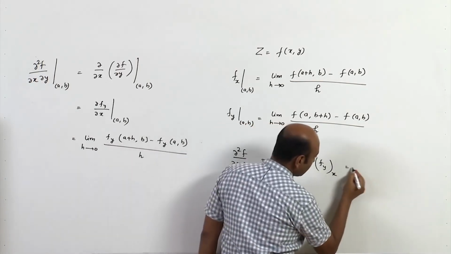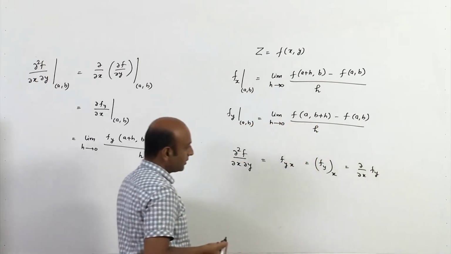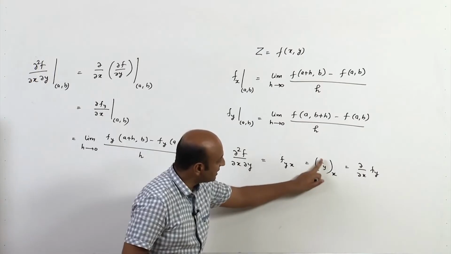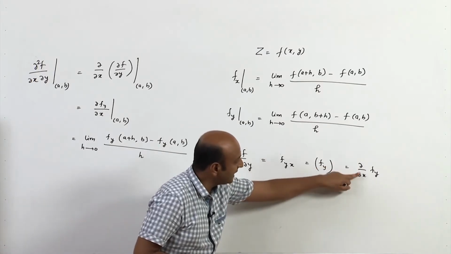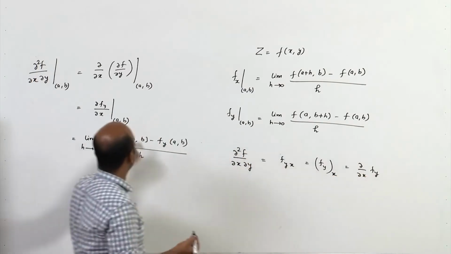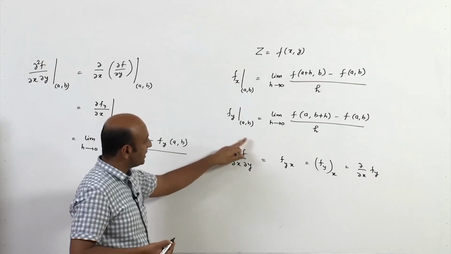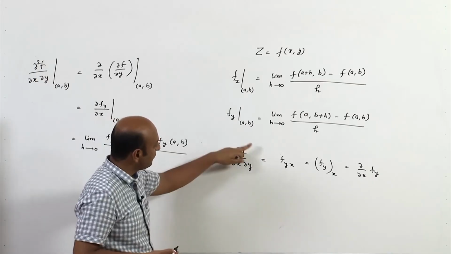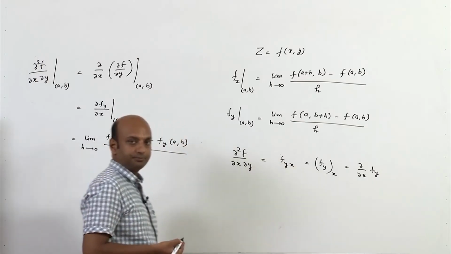That means ∂/∂x of f_y. That means I partially differentiate this function with respect to x, that is ∂/∂x of f_y, which is the same as here. So we can also represent this partial derivative as f_yx.